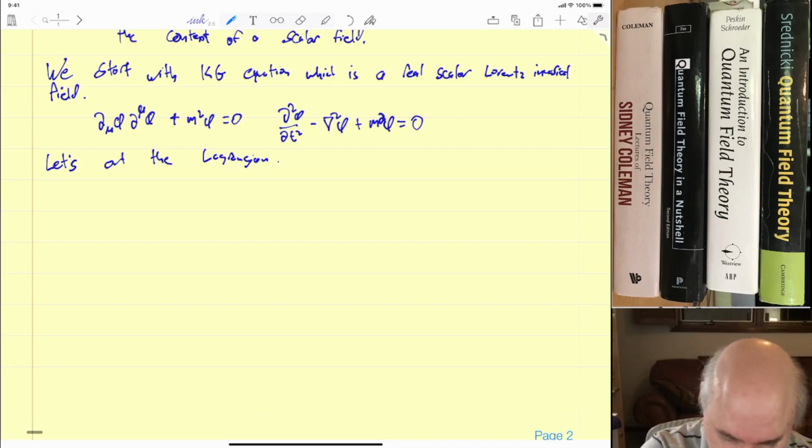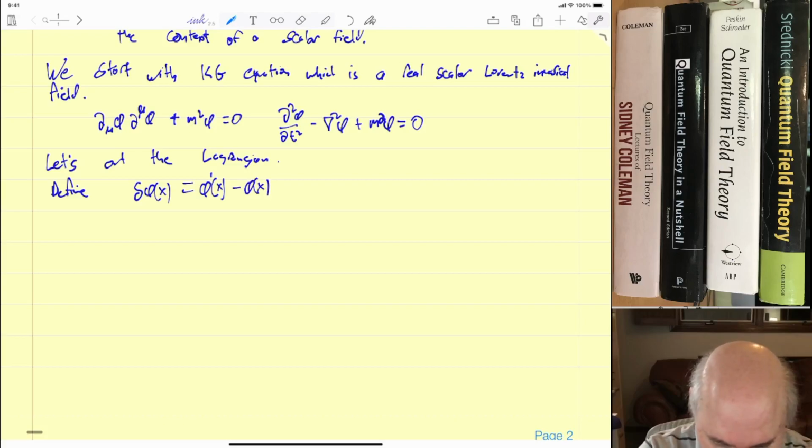So we define delta phi of x, our variation in the fields, phi prime of x minus phi of x. This is an infinitesimal variation.